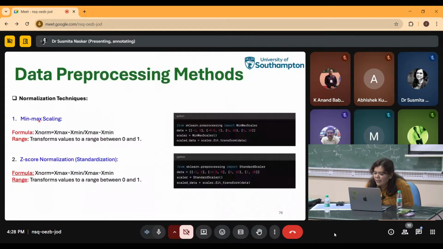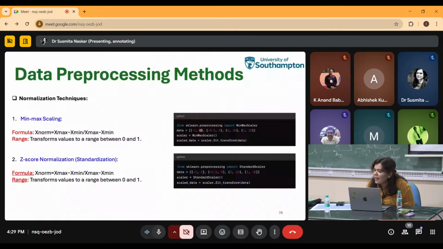So you are worried about the relationships between the data sets, but you want them on the same scale. On the other hand, Z-score normalization, which is also famously called standardization, transforms the data so that it has a mean of 0 and a standard deviation of 1.